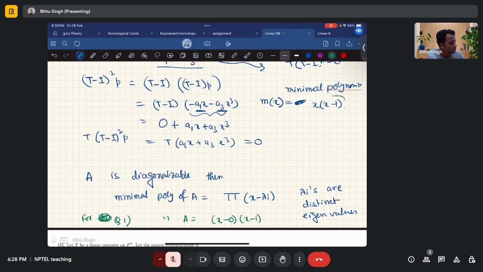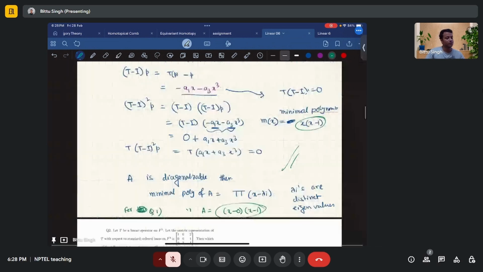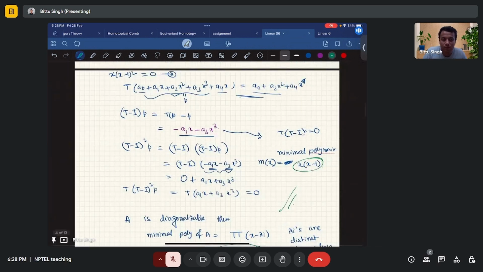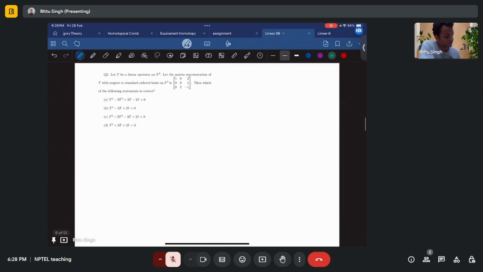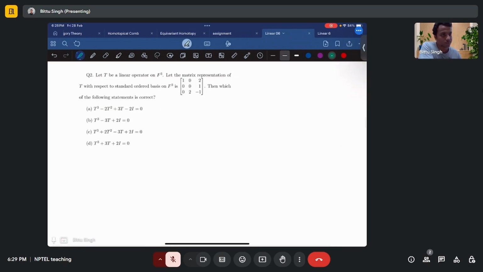So you can compare this with this, right? Those are the same. So this is a very useful result. If you don't know the result, then you need to do those kinds of works, which is time consuming. Okay, let us solve this question.